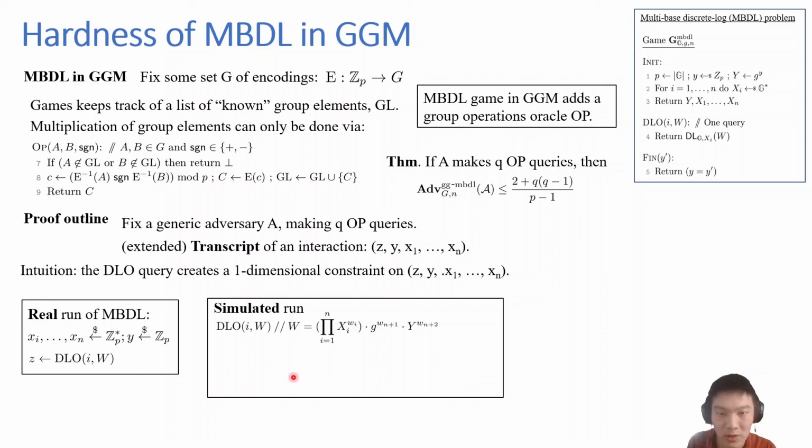So instead of sampling all these at the beginning, we won't sample them at the beginning, and during the first and the only DLO query, we'll parse the representation of this element w into a product of x_i to the w_i, and the product over n times some power of g and some power of big Y. And it turns out that the response here can be sampled without needing to fix other values of x's and Y. And in particular, there's two cases.